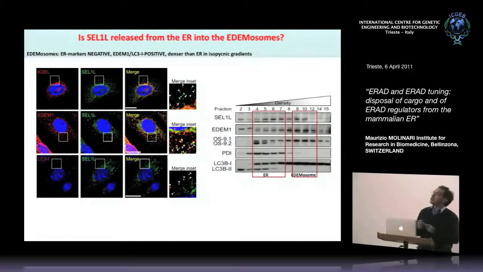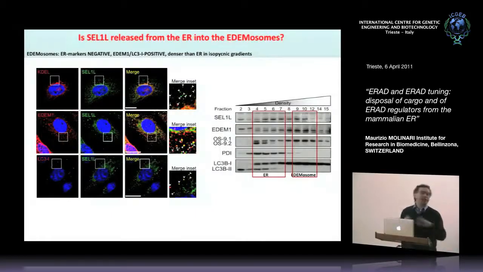So the edemosomes, the small vesicles that contain EDEM, do not have markers of the endoplasmic reticulum. They contain EDEM, they contain OS9, and in density gradients, they are denser than the endoplasmic reticulum. So now, where is cell 1? Cell 1, exactly like EDEM, partially colocalizes with the endoplasmic reticulum marker KDEL, but it is also found in spots, small vesicles of 200 to 800 nanometers.